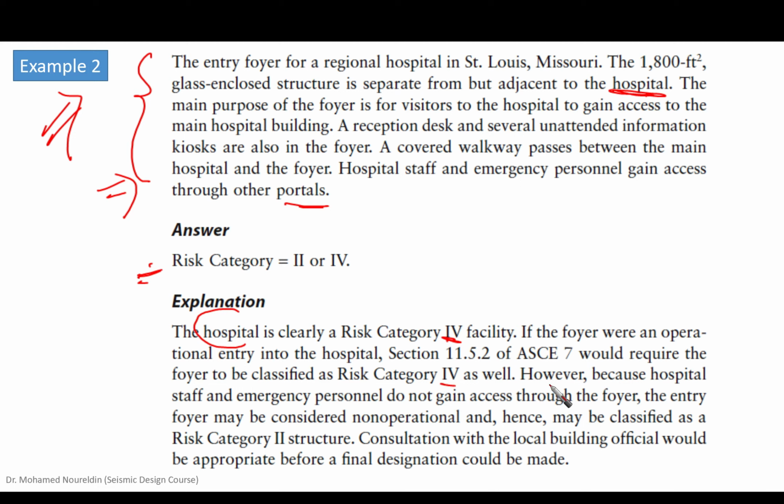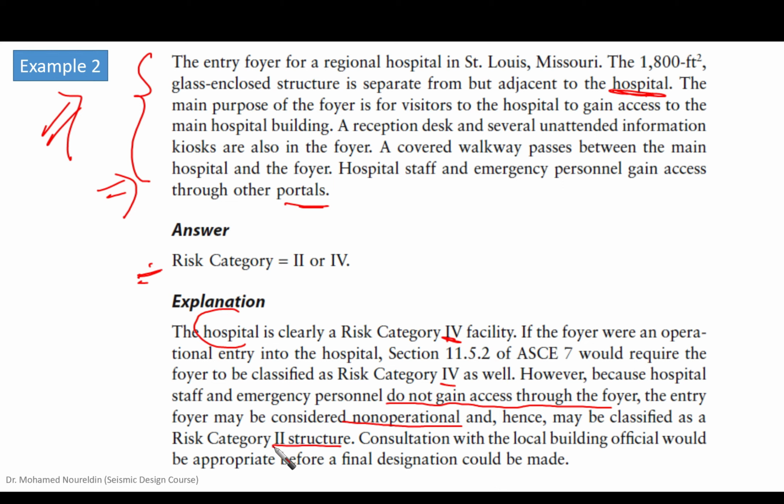However, because hospital staff and emergency personnel do not gain access through the foyer, the entry foyer may be considered non-operational, take care of this word, non-operational, and hence may be classified as risk category 2.